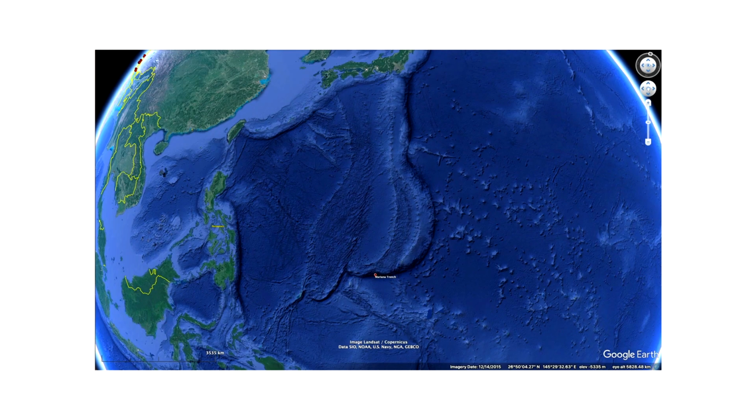If you look at the Google image of the Mariana Trench, you can easily compare the dark portion and the topography here, which has developed similar to, but definitely much deeper than, what we saw between the Nazca plate and the South American plate.